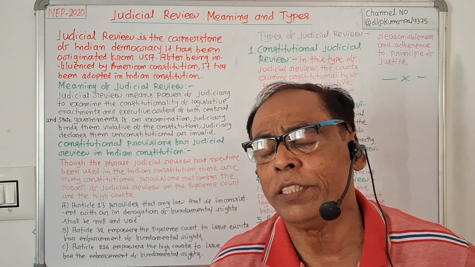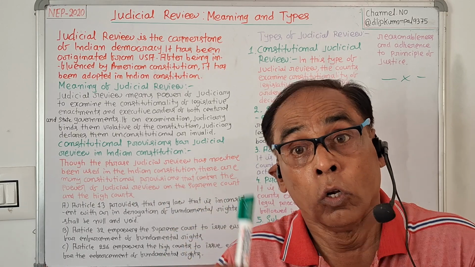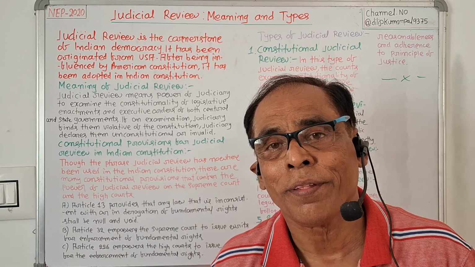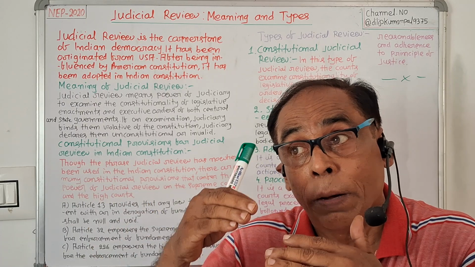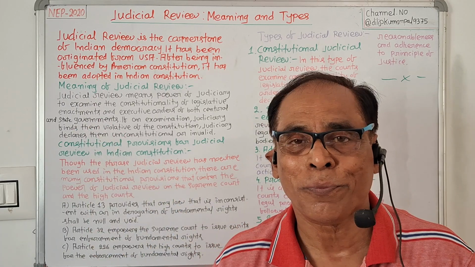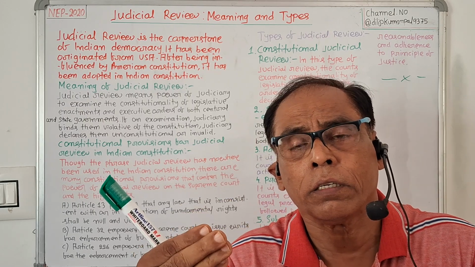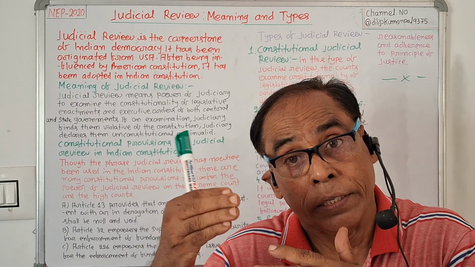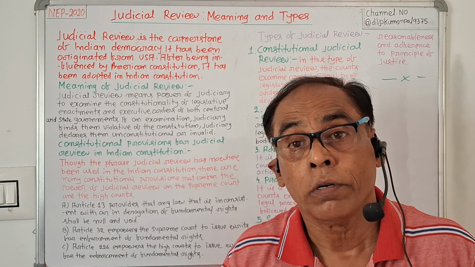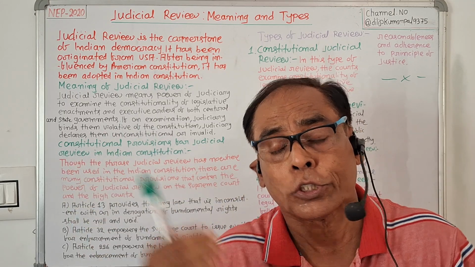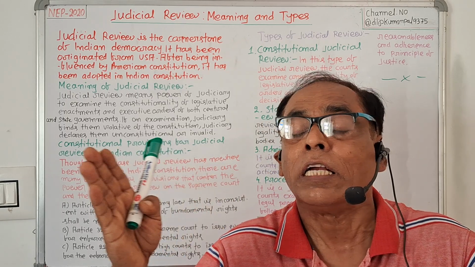So judicial review means the judiciary will review laws of legislature and decisions of executive, whether they violate the constitution or not. If judiciary finds that laws of legislature or any action or decision of executive are violating the constitution, judiciary will declare them unconstitutional or invalid.